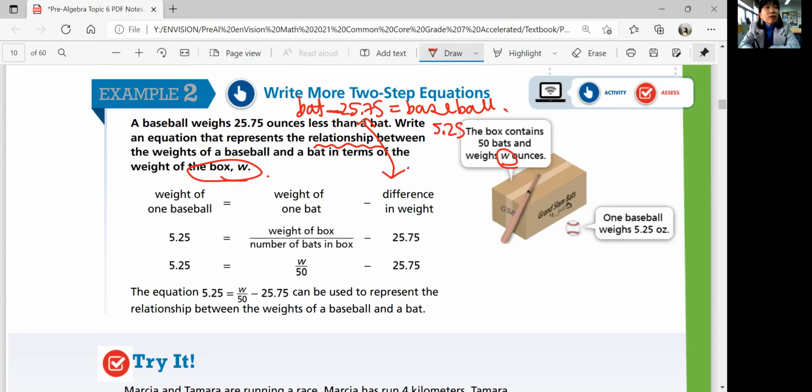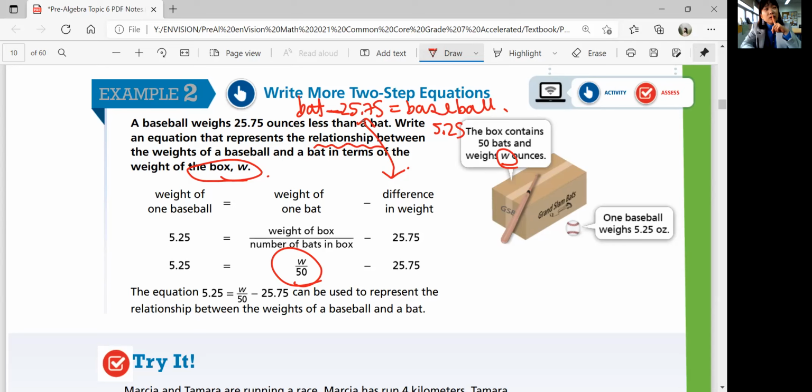No, you have to write the weight of the one bat in terms of W. Okay, so the box will have 50 bats. The weight of the box divided by the number of bats, how many bats you have in the box, will be the weight of one bat, right? So then you can write the weight of one bat as W divided by 50.